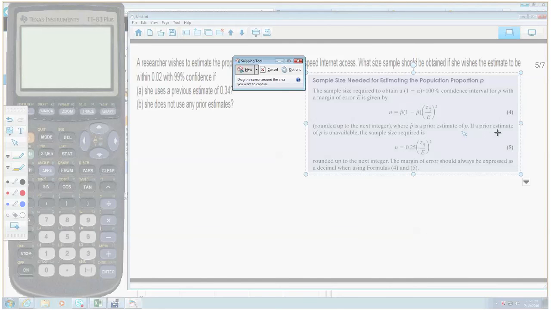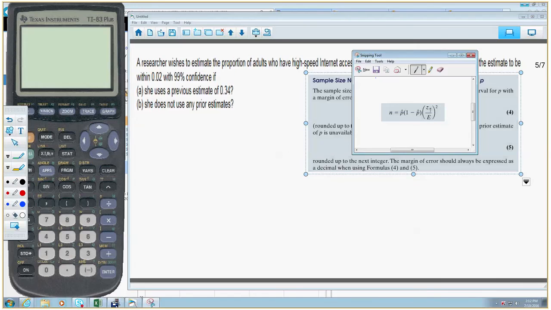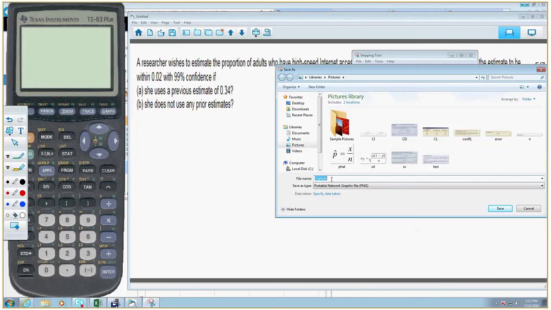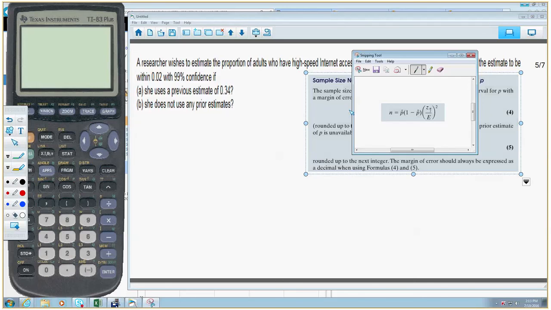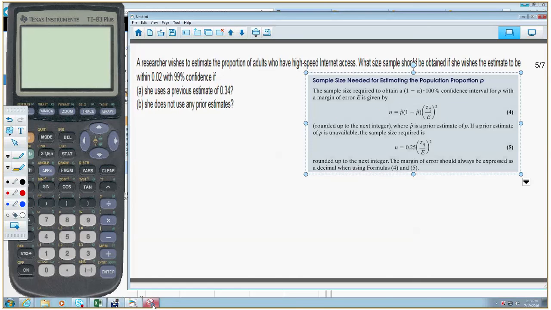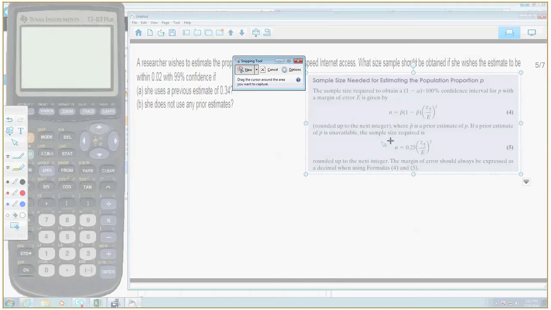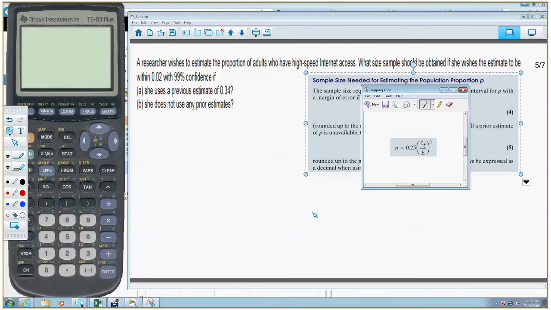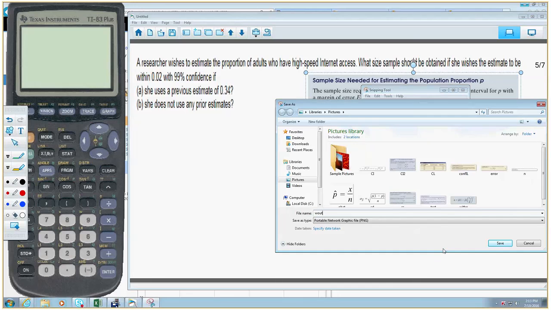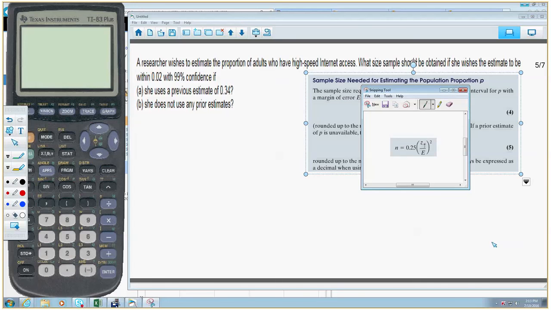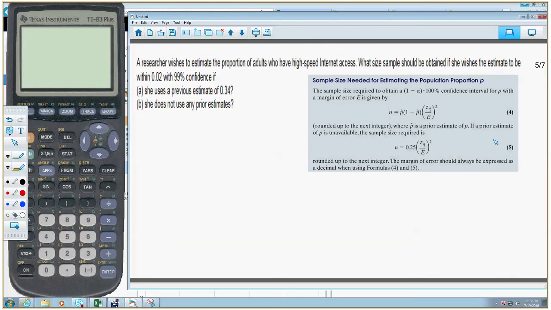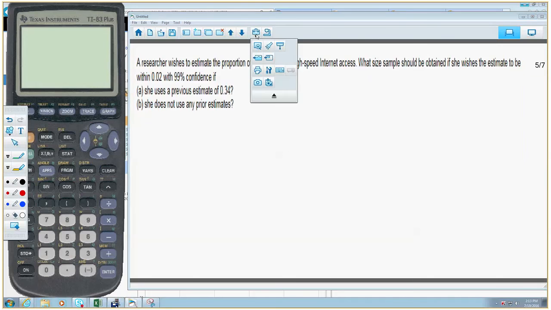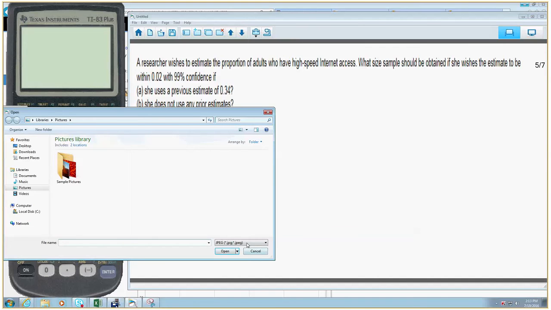Snip. Snip. With P. And snip. Snip. All right, we're going to get rid of this one, and we're going to bring in with and without.